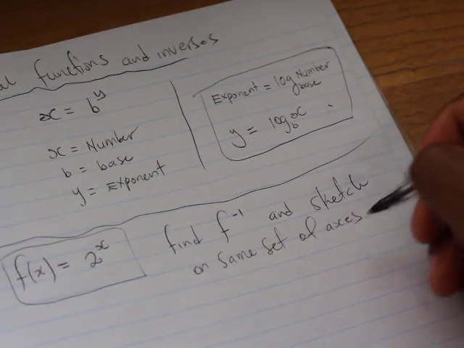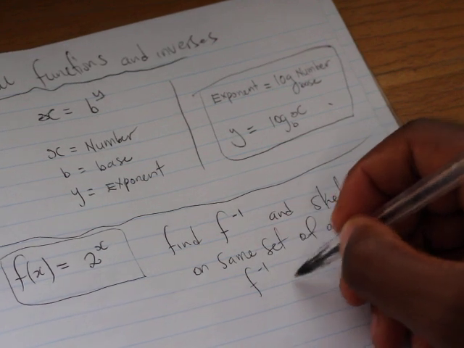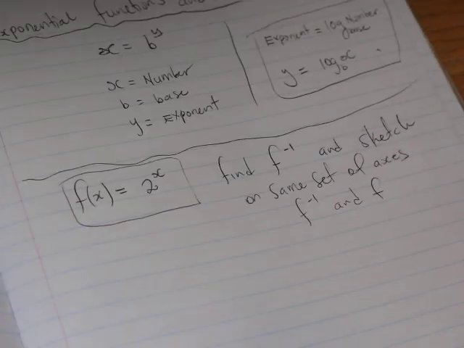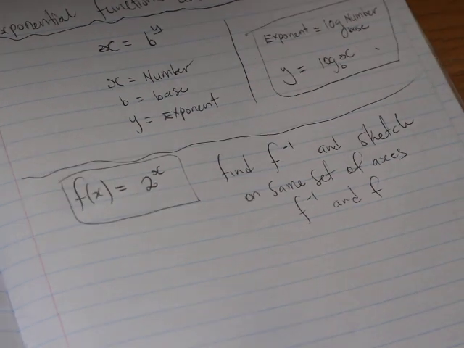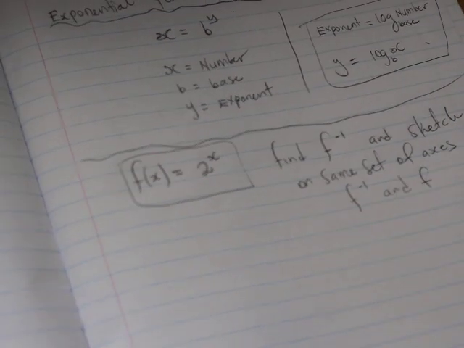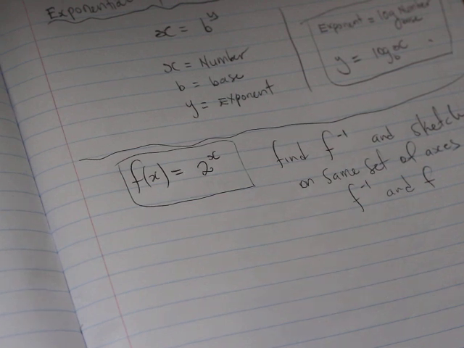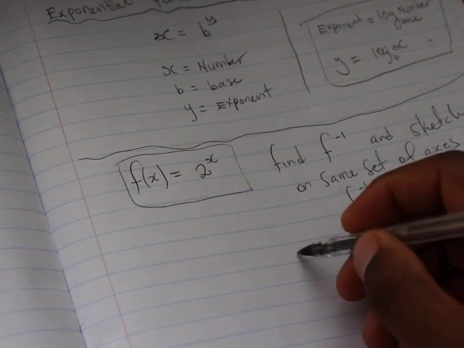Do you get what I mean? You need to sketch the two, but it's super easy to sketch the inverse when you've already sketched the main function.